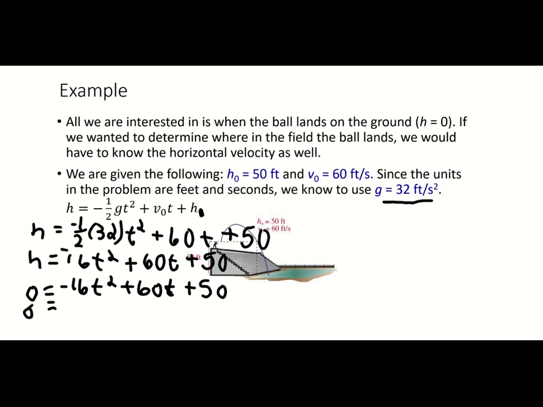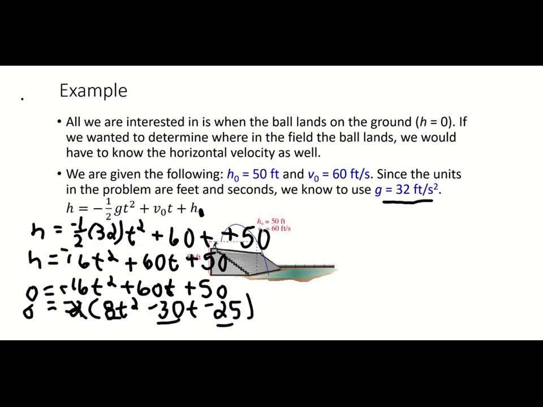If I factor out a -2, then we would have 8t squared, minus 30t, minus 25, because we're dividing by a -2. And these would be my a equals 8, b equals -30, and c equals -25. We don't have to worry about the -2.